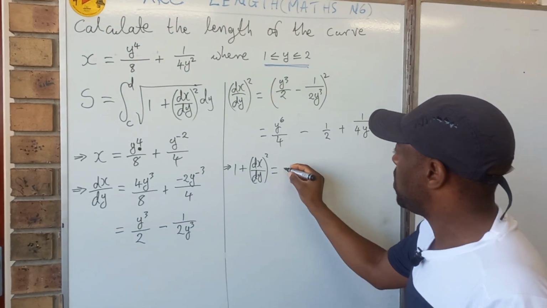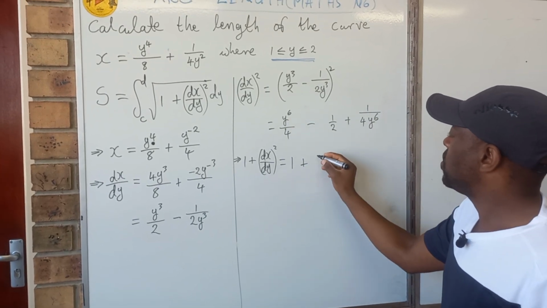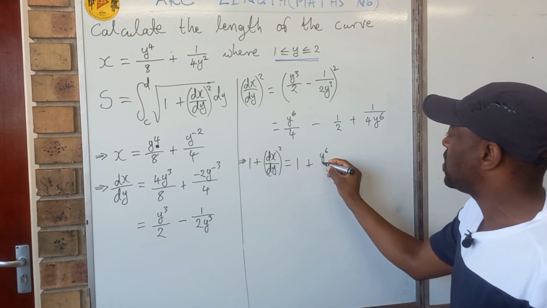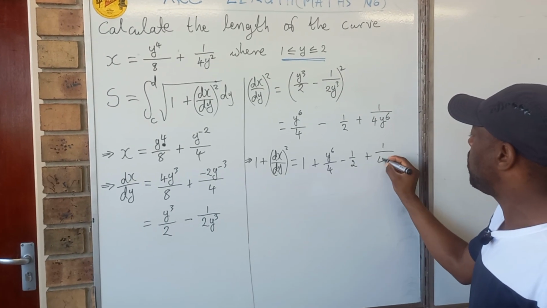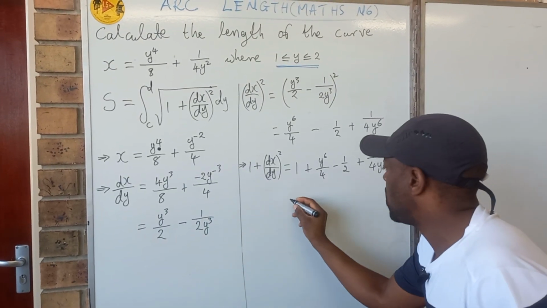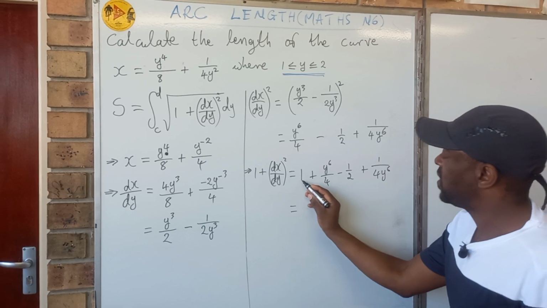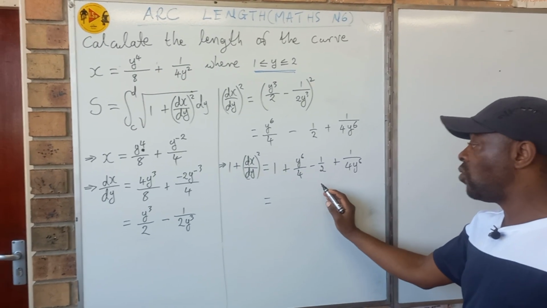That means I'm taking 1 plus this answer up here. So this is y to the power 6 over 4 minus a half plus 1 on 4 y to the power 6. And if you now look at what we've got, you see that the first term and the third term are like terms, so we can pull them together.